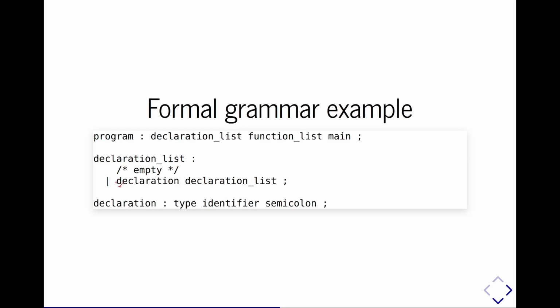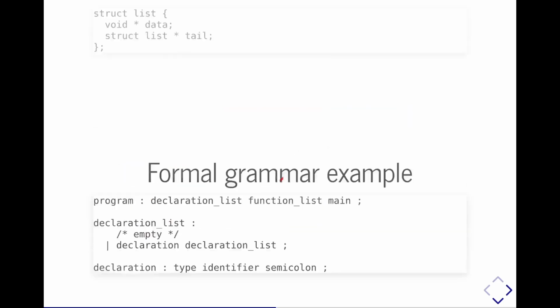Let's start with this production rule. Remember, the pipe just means there are two different ways to match the declaration list. One way to match it is if you see a declaration, which is what we defined here. If you see this declaration in your input, then you must see a declaration list afterwards.